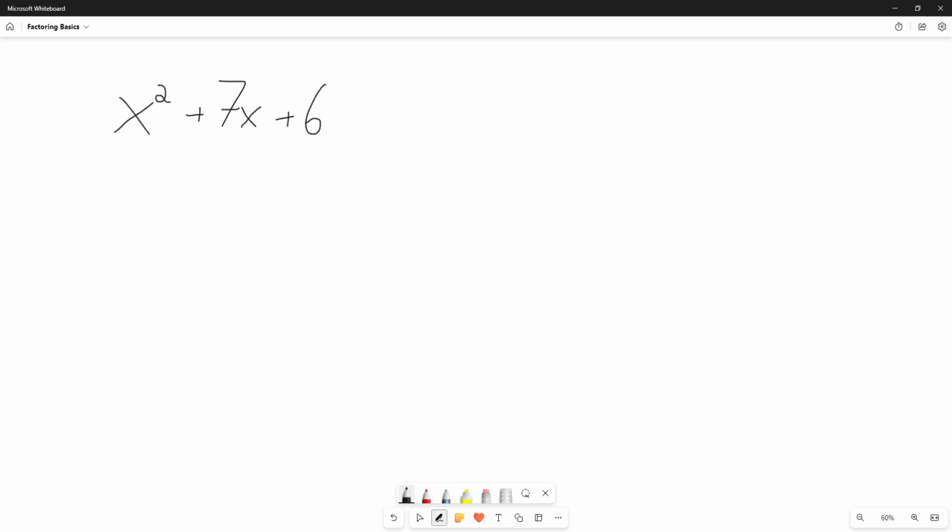So what we do here is we take this term and this term. We take the coefficient of the first term, which is actually this invisible 1. We take the 1, we multiply by 6, the other term here, and we get 6. And then we take this term, we can just write it down over here.